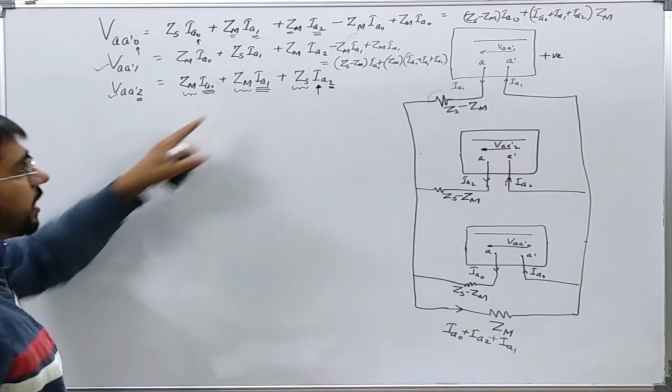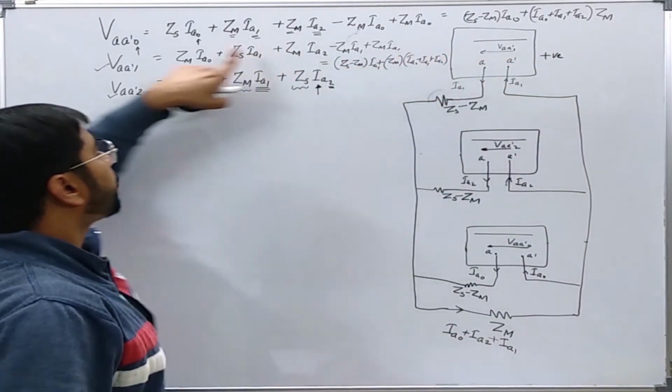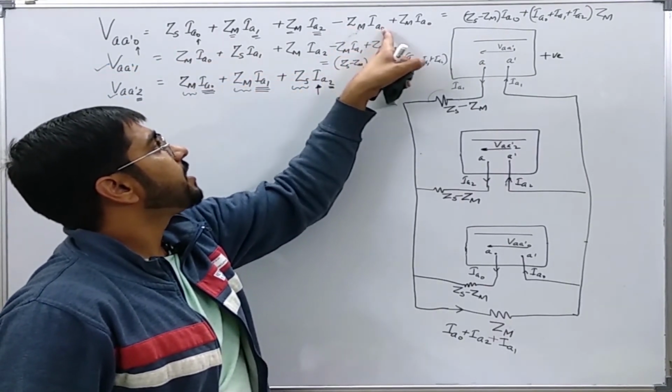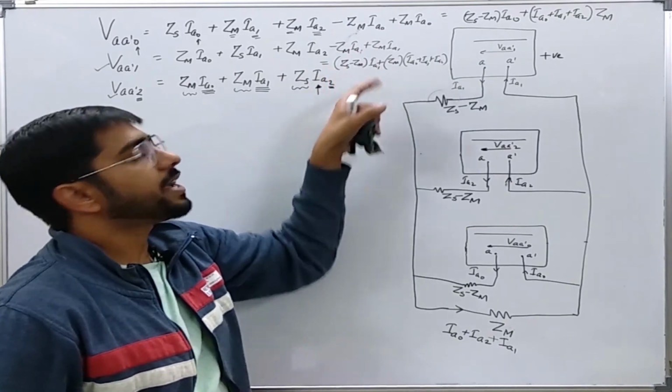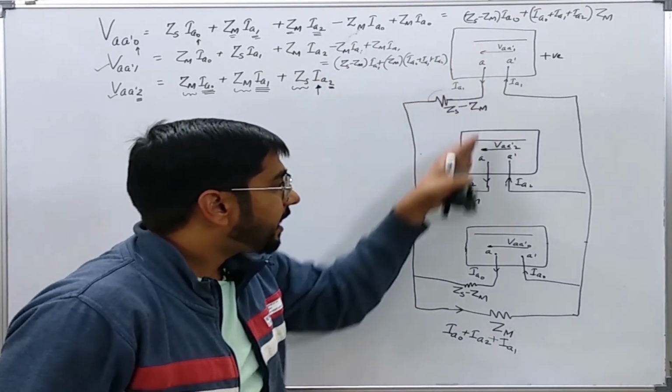So in this way, I could have derived this interconnection of sequence networks from these equations just by subtracting and adding ZM IA0, ZM IA1 and ZM IA2. Okay, now we have got this interconnection.